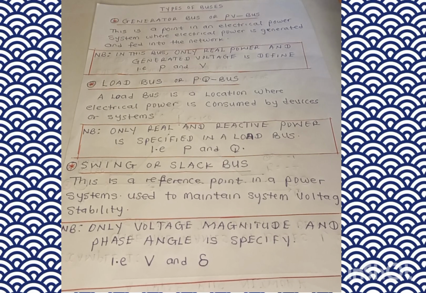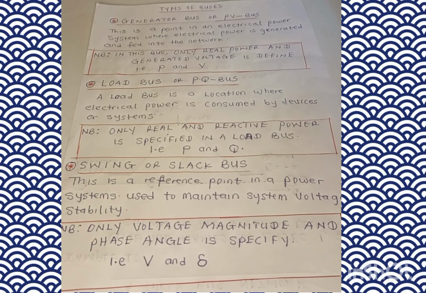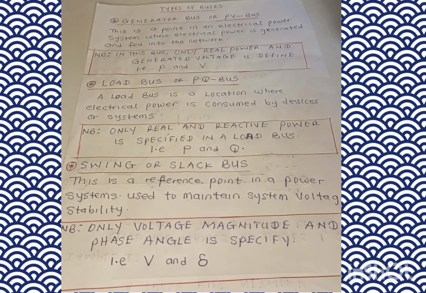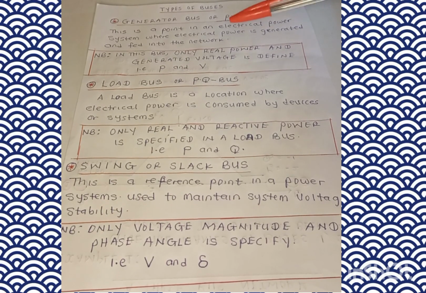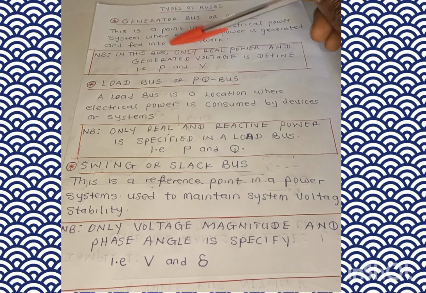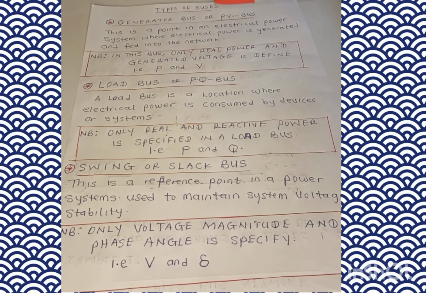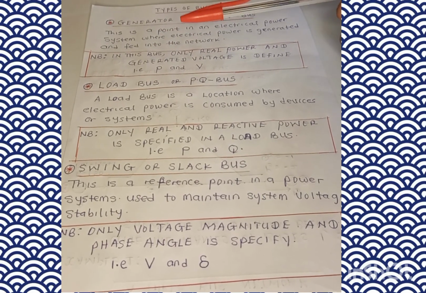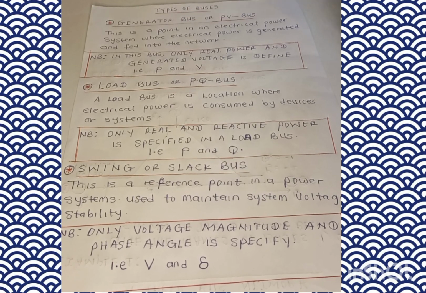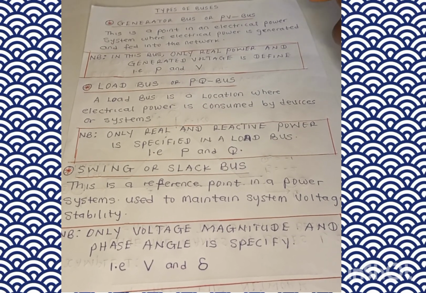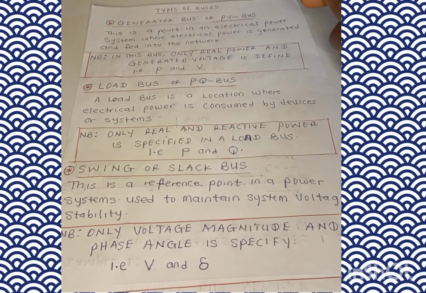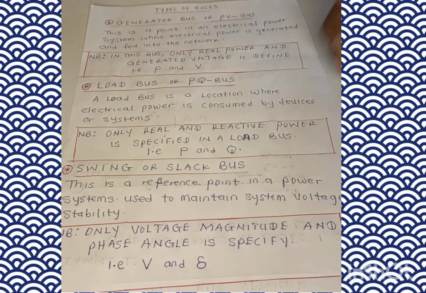This is a point in an electrical power system where electrical power is generated and fed into the network. So where electrical power is generated and fed into the network is the generator bus, as the name implies, to generate. Then there is a note there.